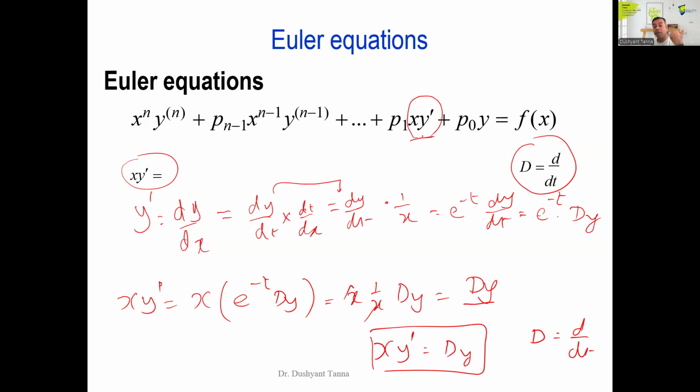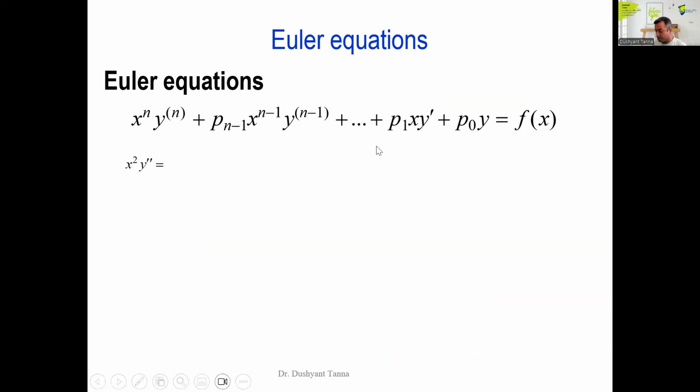Okay. Then we talk about the next term, right? What will be our next term? x square y double dash. Okay. Now, what is y double dash? Let's talk about y double dash first. It is a second derivative, so it's a derivative's derivative, right? So d of y dash by dx.